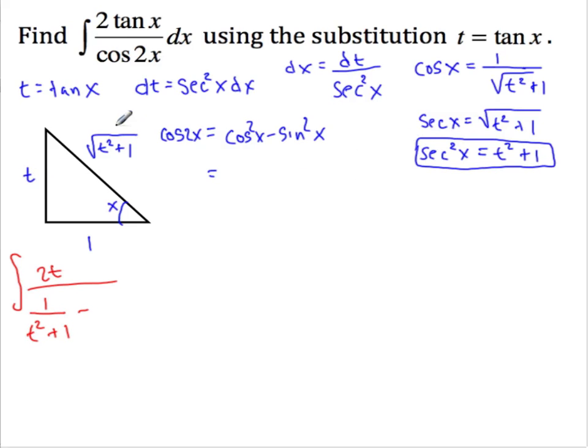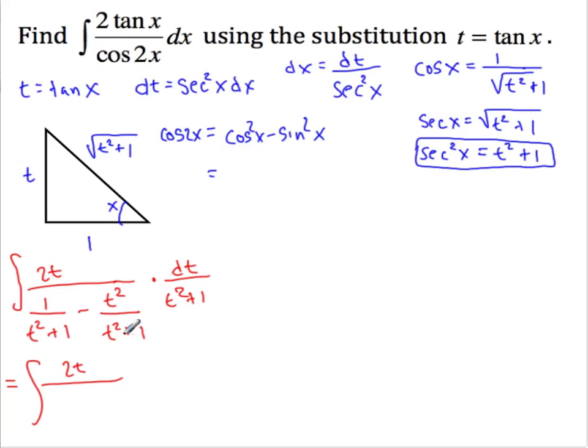Sine is t over this, so I'm going to square it, t squared over t squared plus 1, times dt over secant squared, t squared plus 1. Now this is nasty. That's a lot of ugly looking integral there.